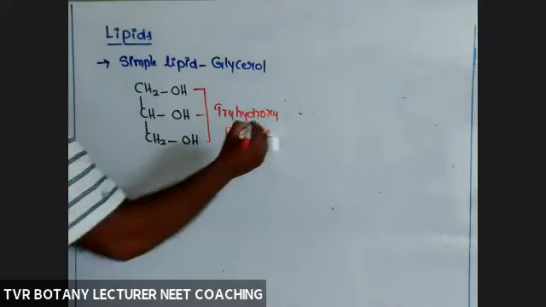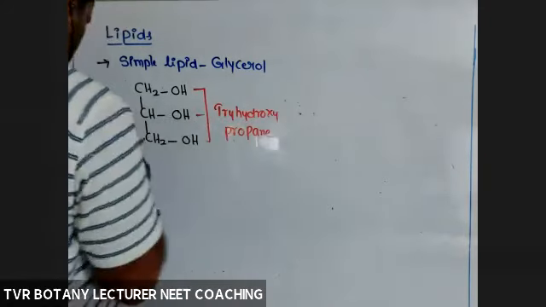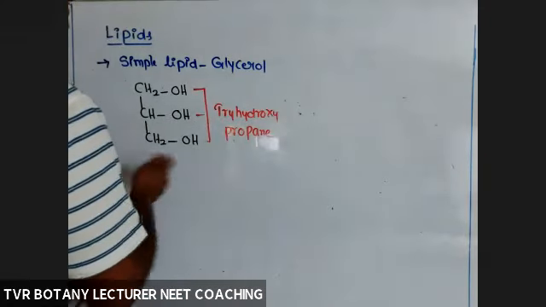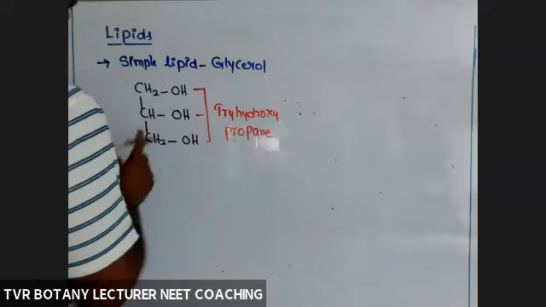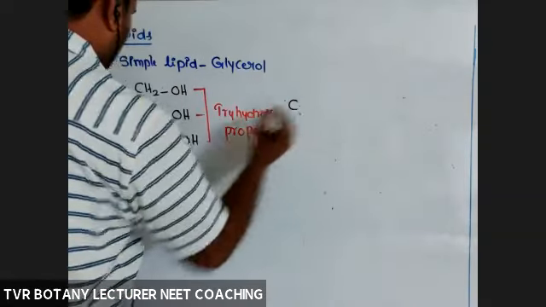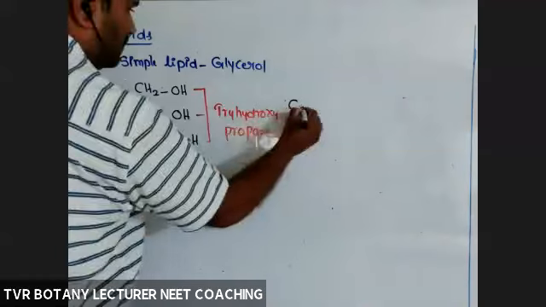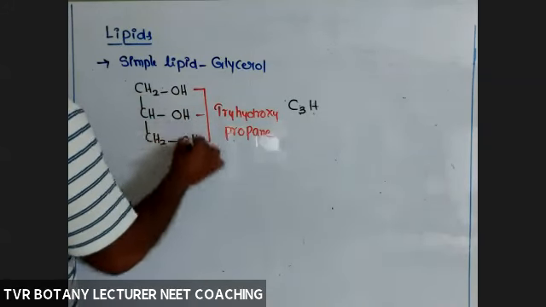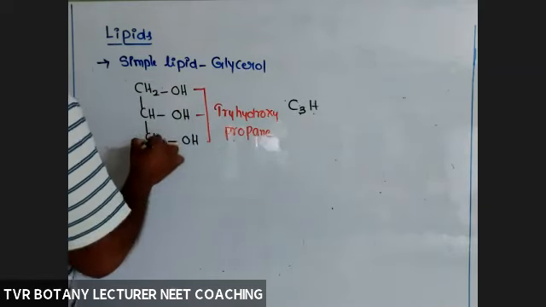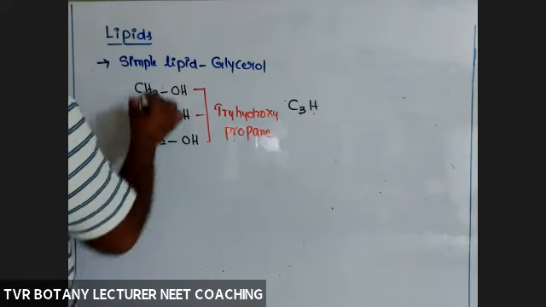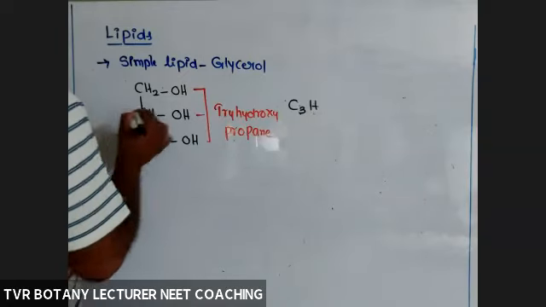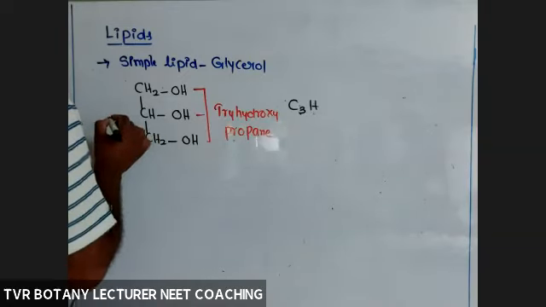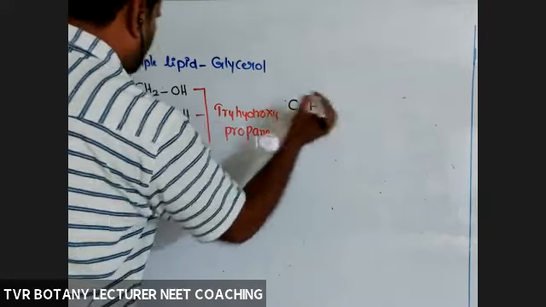And here, what about the number of carbon atoms in this case? Carbon atoms, hydrogen atoms, and oxygens. Carbon 1, 2, 3. Hydrogen atoms 1, 2, 3, 4, 5, 6, 7, 8. 8 hydrogen atoms.